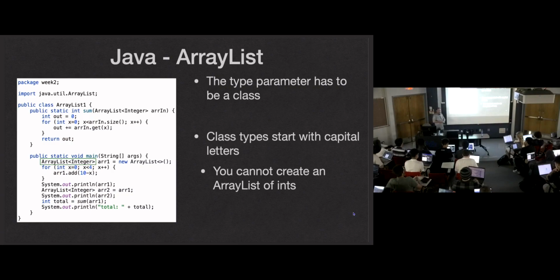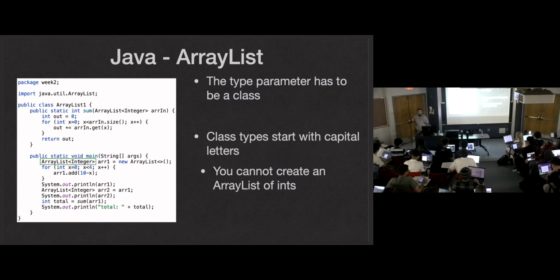Well, those primitive types can't be the type of an array list. You cannot have an array list of int with a lowercase i. Java won't let you. It'll say there's something wrong with your code, and it will break. It won't run at all. Can't do it. So we do need actual class types, and Integer is auto-imported as well.